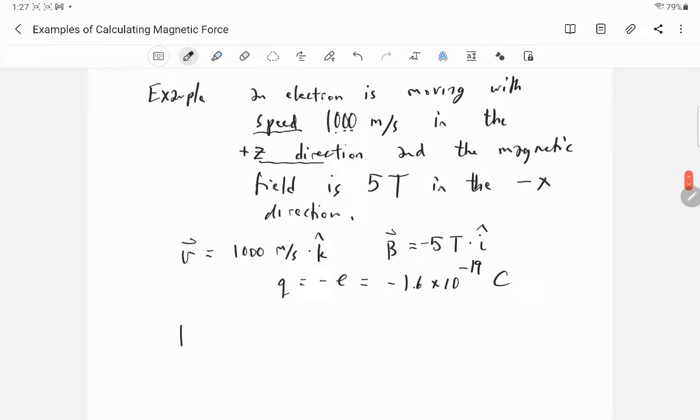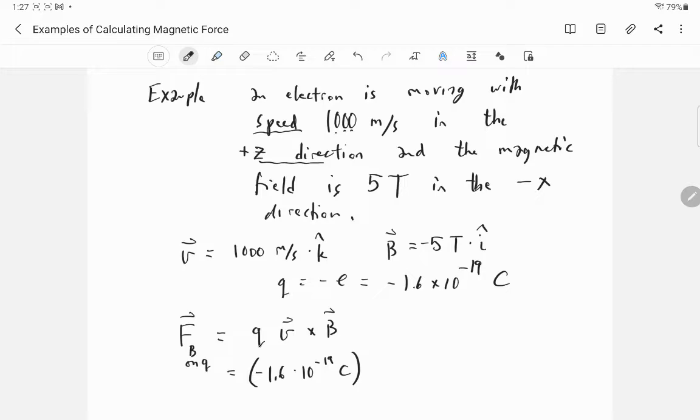So the force, the vector magnetic force that's acting on the charge Q, is equal to Q V cross B. And we're going to put in negative 1.6 times 10 to the minus 19 coulombs.